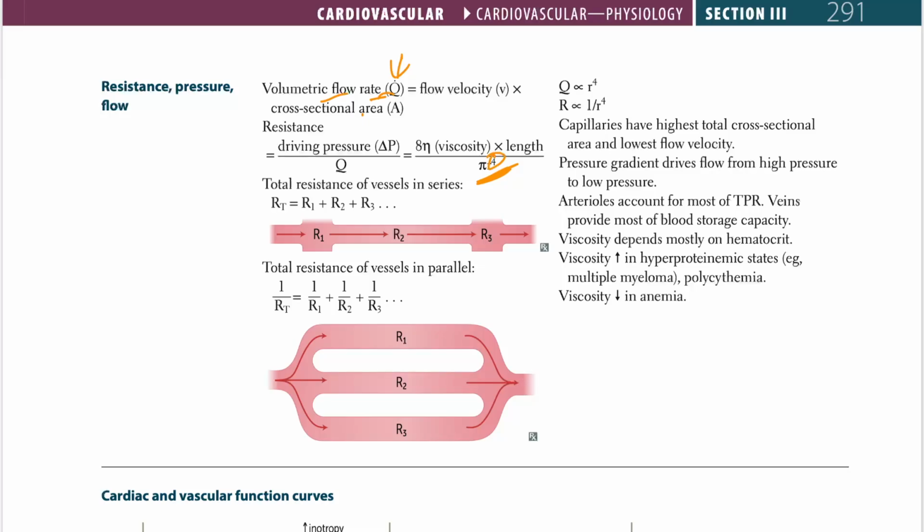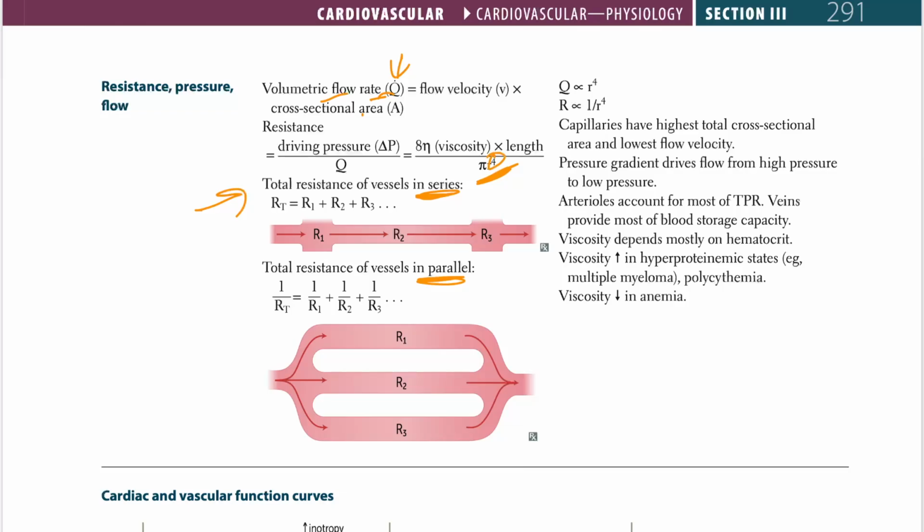Okay, total resistance of vessels in series and in parallel. So what's the difference between series and parallel? Series is, if you look here, RT, which is total resistance, equals R1 plus R2 plus R3.